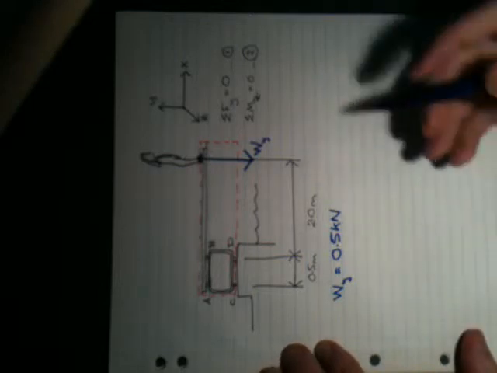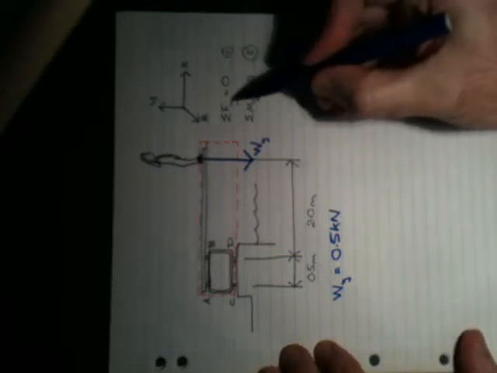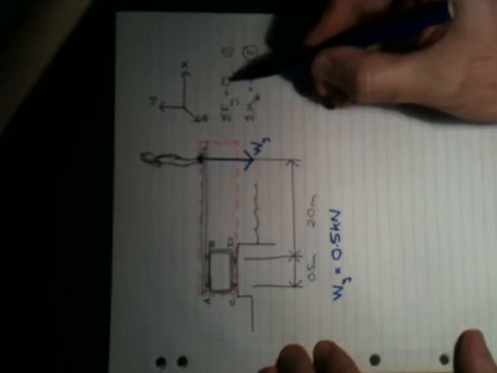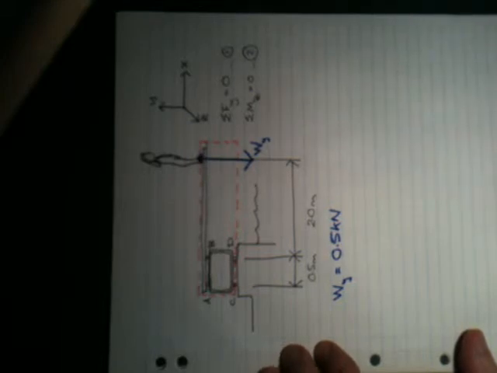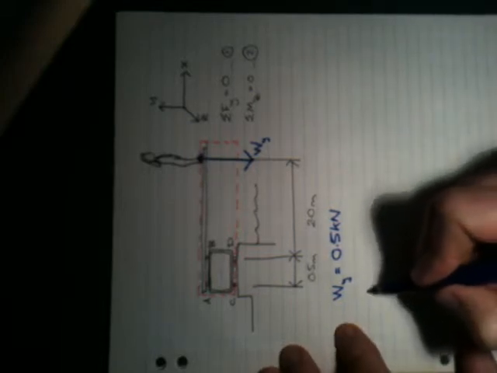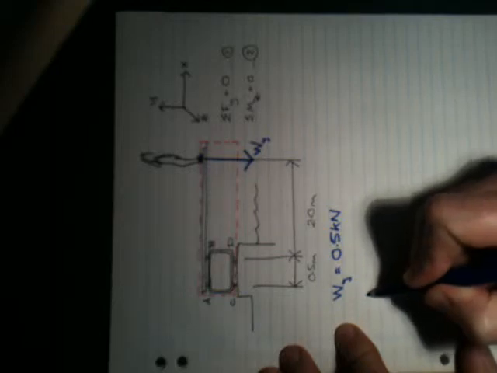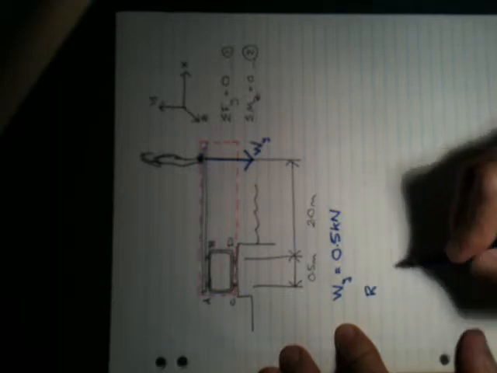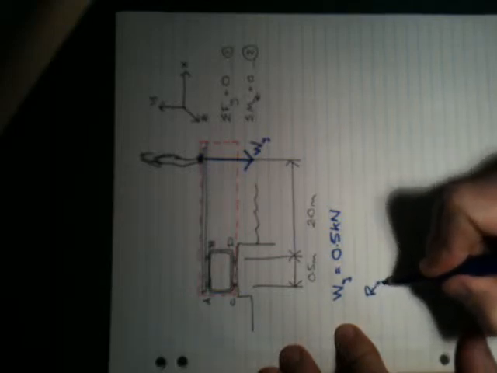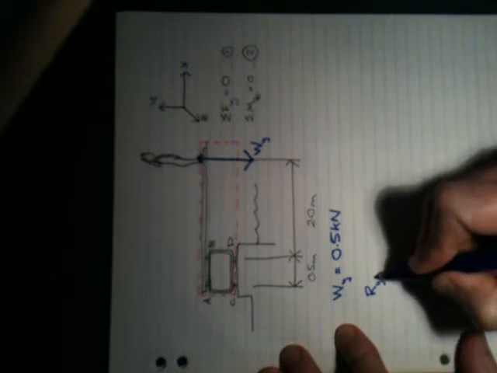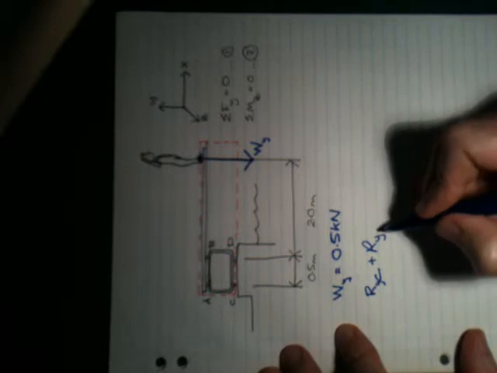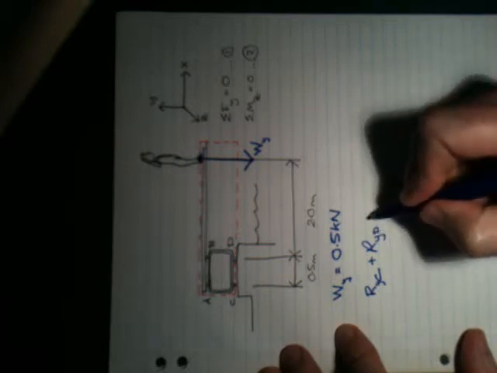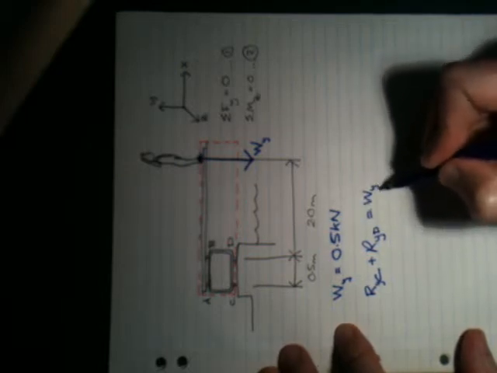So we write the first equation, which is the simplest one. The sum of the forces in Y are equal to 0, and what that means is that the reactions must sum up to the weight in Y. Okay, so what they're saying is that the reaction in the Y direction at C plus the reaction in the Y direction at D must equal Wy.